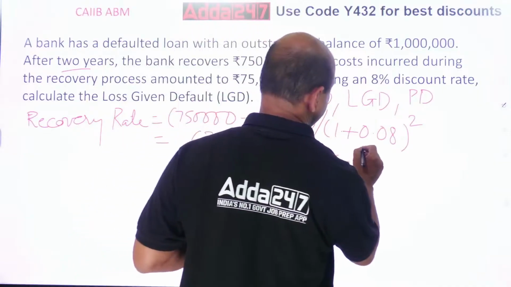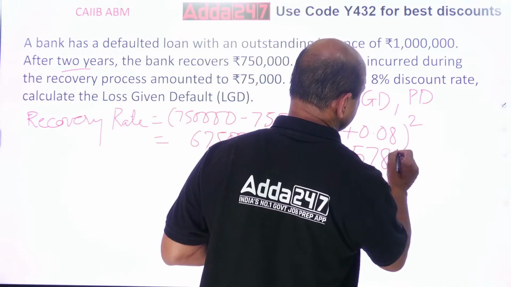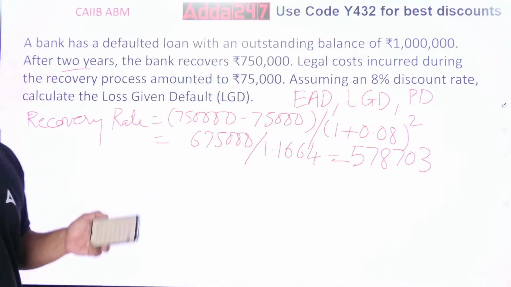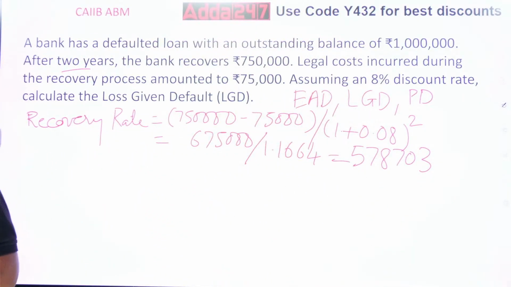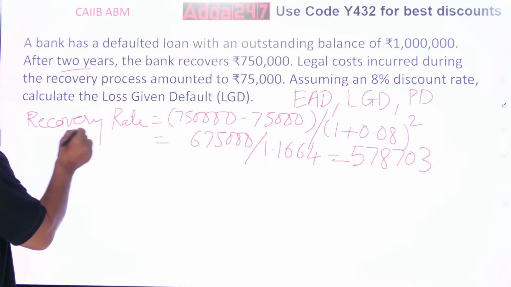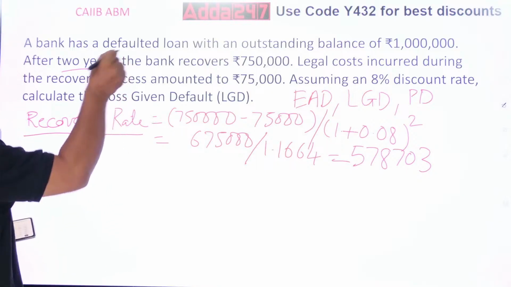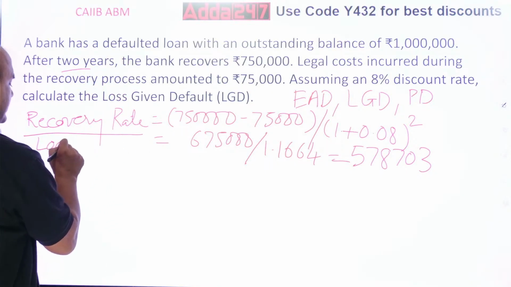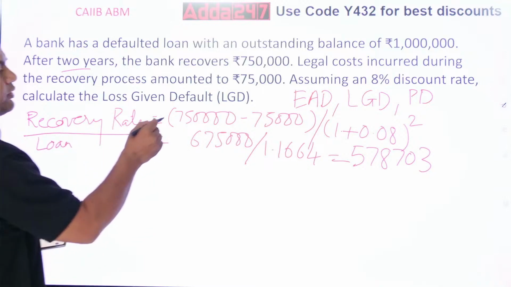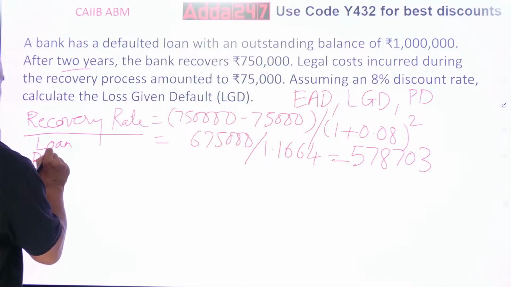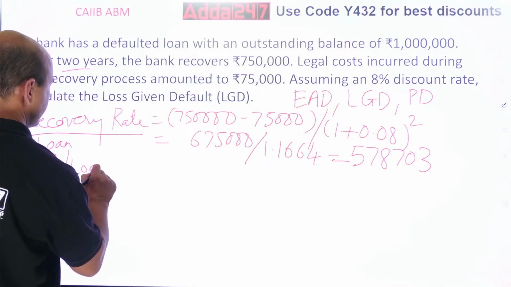See, recovery rate is not fully over up till now. Why? Because this recovery rate is actually this upon your loan amount. This is what you have to calculate actually. This full figure upon loan amount. So RR upon loan amount equals what now?